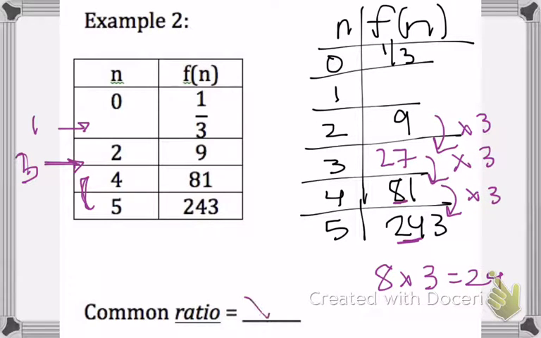So yep, my common ratio is times 3. So then to get the 1, if I needed to, I could go backwards by dividing by 3, and I would have a 3. So times 3 is definitely exponential.